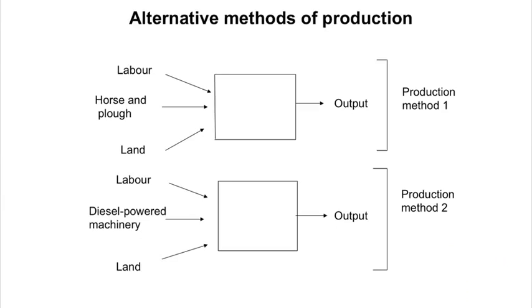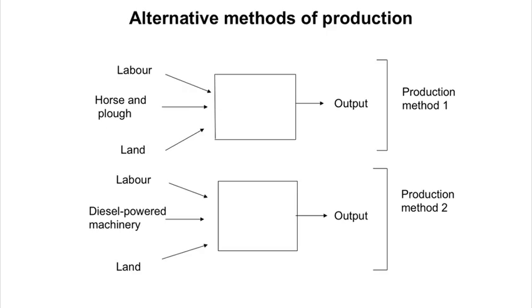Another aspect of the model of production that I want to talk about is the idea that you could use different methods of production to produce the same amount of output. So if we're still thinking about the example of wheat, you could have one method of production where our capital is the horse and plough.